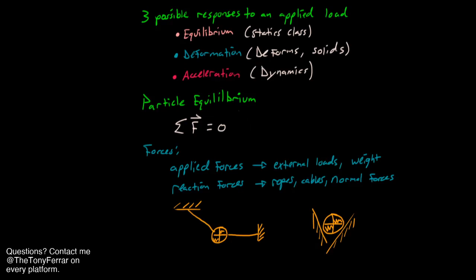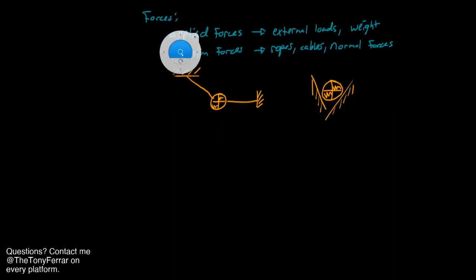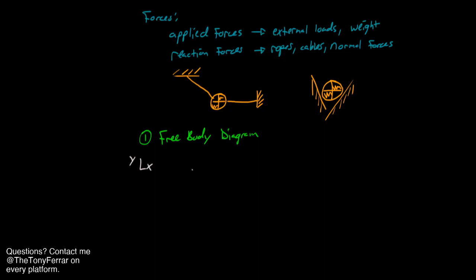So the first step to solving a particle equilibrium problem, step 1, is the same step as to solve any static system. It's to draw your free body diagram. And remember, we want to establish a coordinate system. We want to draw our object, and we will then put the loads that are acting on it.